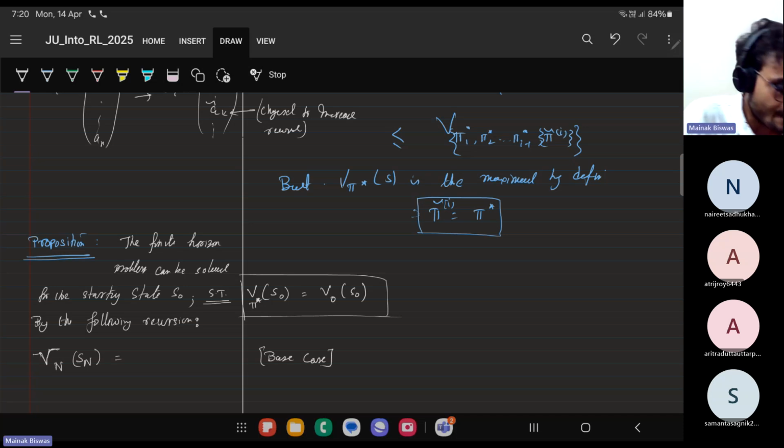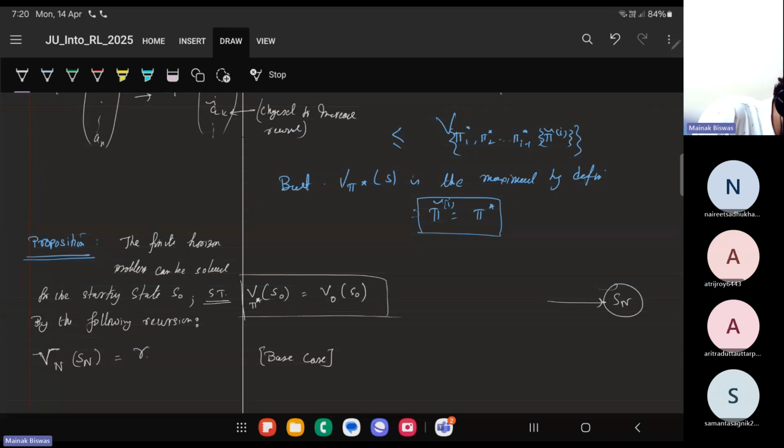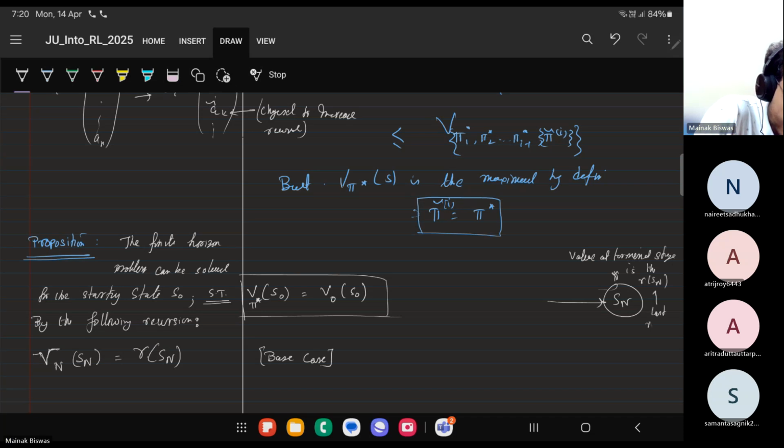The last step, the reward function of Sn. Very good, r of Sn. Because the value at the terminal state is the last step reward, the terminal reward.